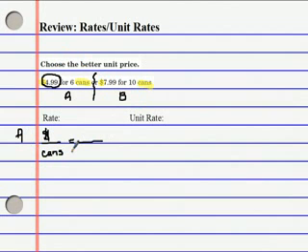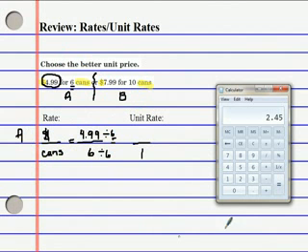Okay, let's see. I've got $4.99, and since my label for money is up top, that's where I'm going to put it. And for that, I can get 6 cans. Well, I want to know, how much would just 1 can cost me? We'll divide the denominator and numerator by 6 and see what we get.